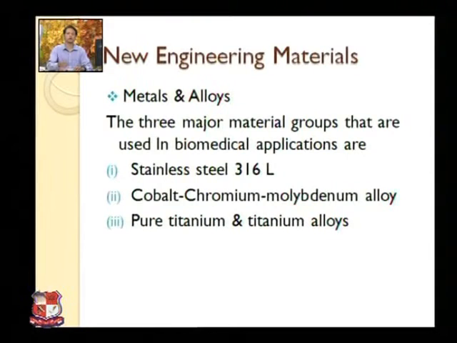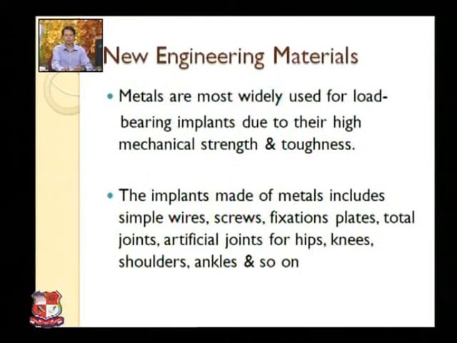You have to explain also where it is used. Let us see here. Metals are most widely used for load bearing implants due to their high mechanical strength and toughness. Metals and alloys have load bearing capacity.